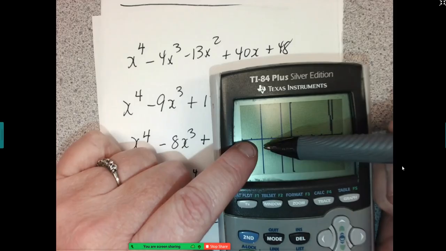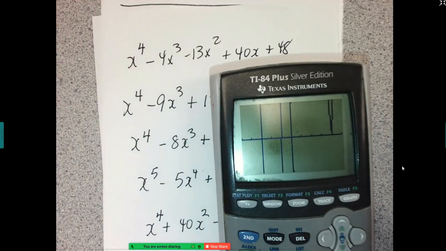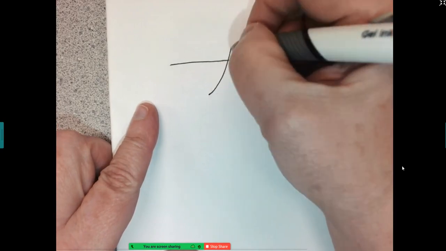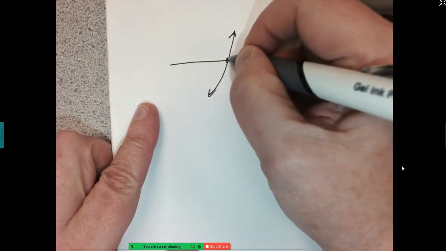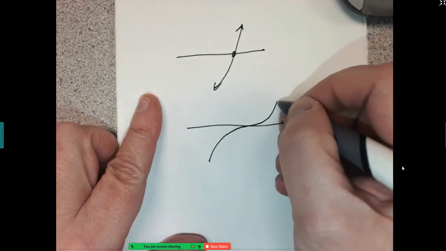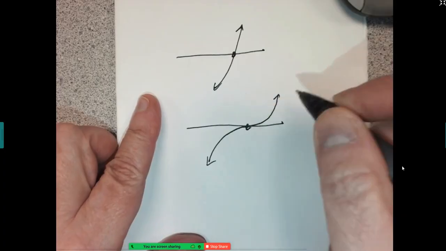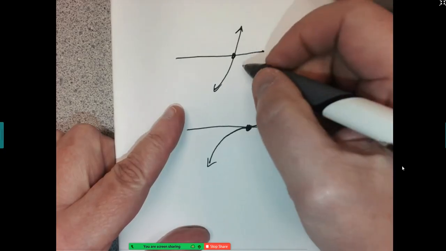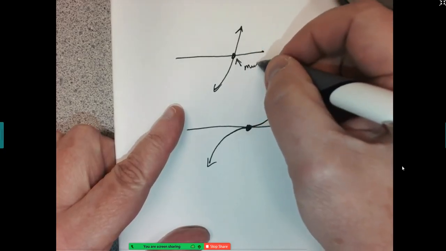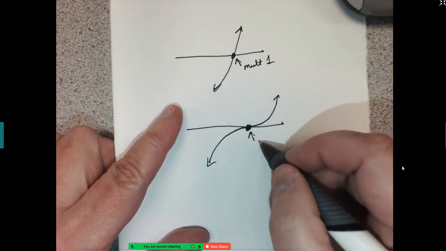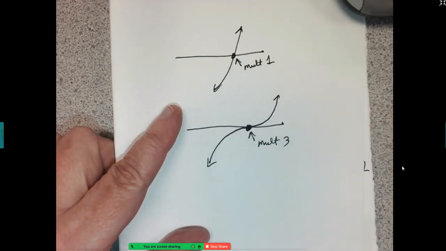It crosses through, and I would say it has multiplicity 1, because the higher the multiplicity gets, the more flattened you'll find it gets. Now, both of these have odd multiplicity, but looking at this, I would say that this one has multiplicity 1, whereas this one is more flattened, so I would say that has multiplicity 3.